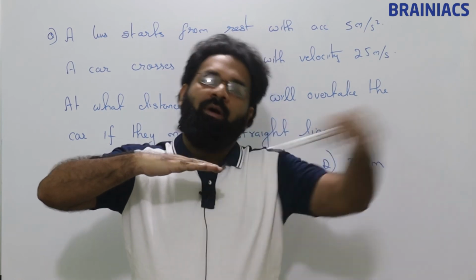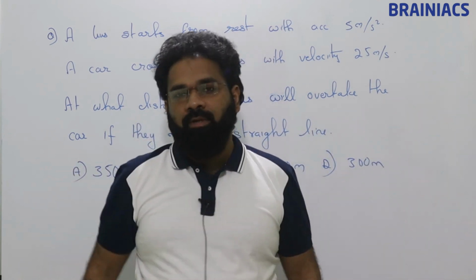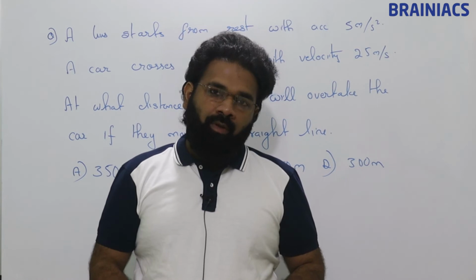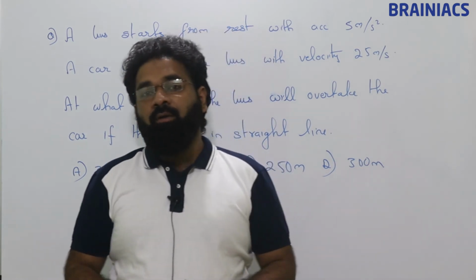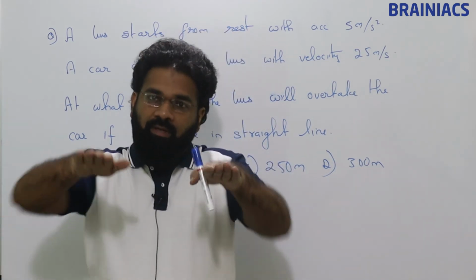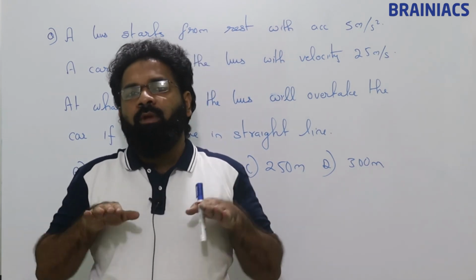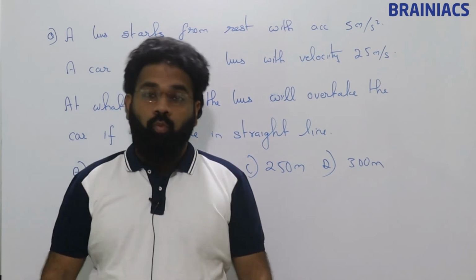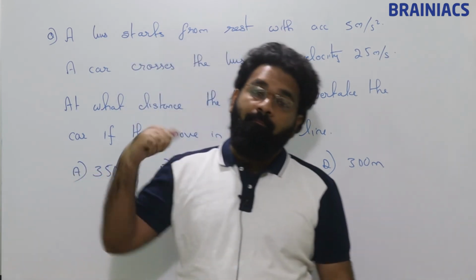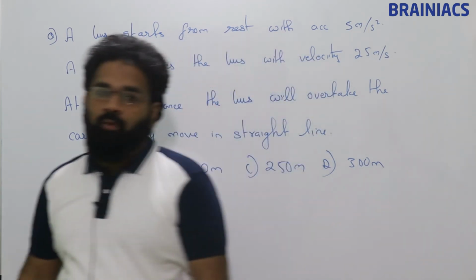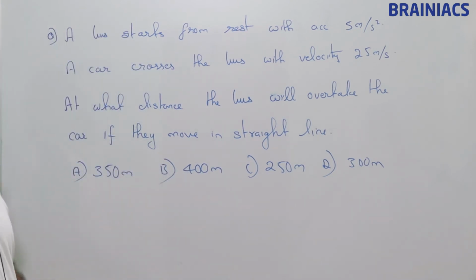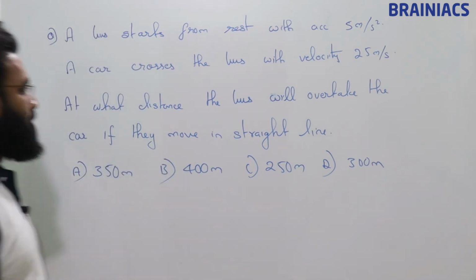That time a car passes the bus at a 25 meter per second velocity. If they are moving in a straight line, the distance and displacement both are same. Okay, note down the question. We will do.